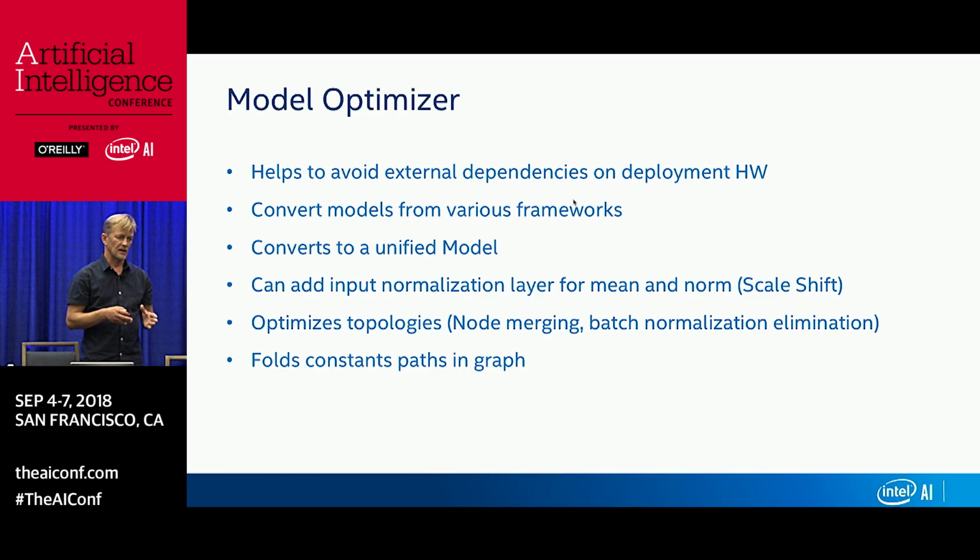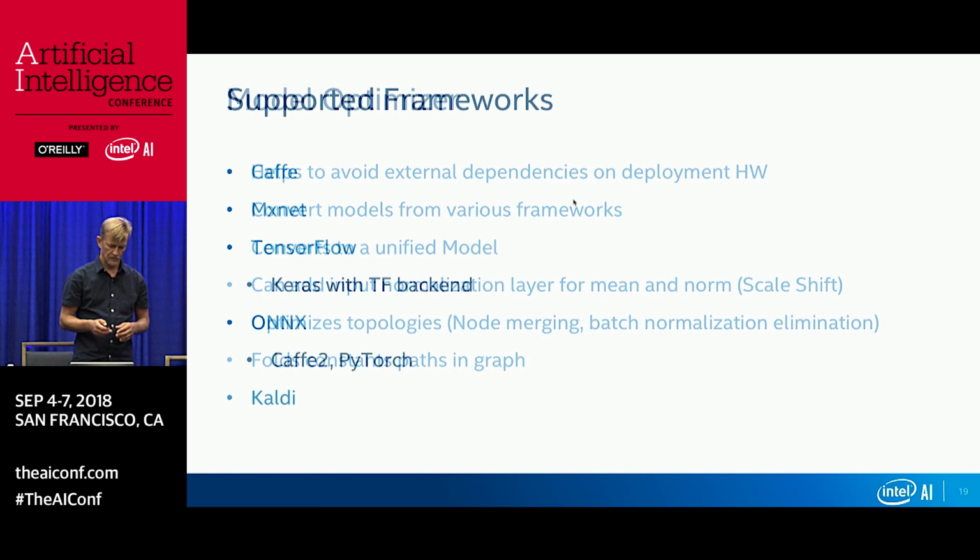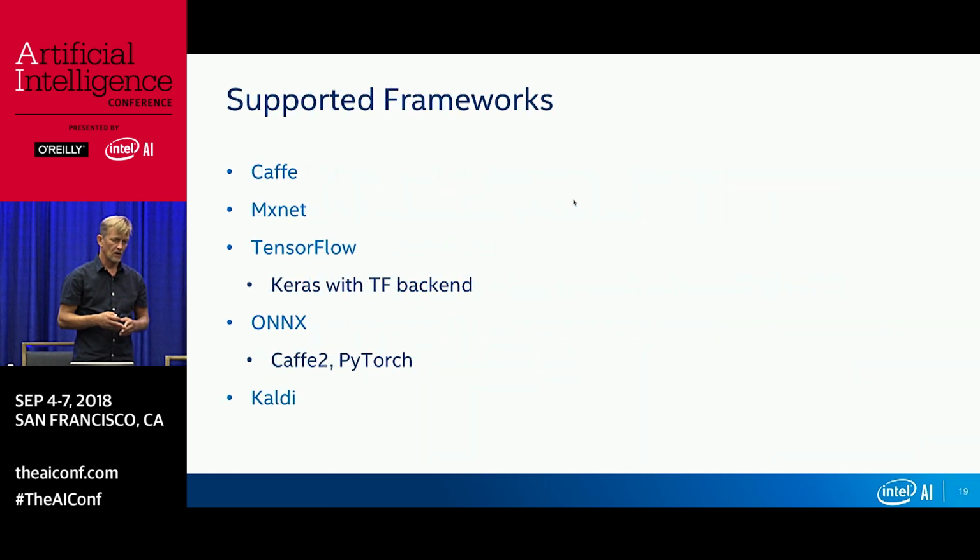If needed, it can integrate the mean and normalization right into the model. It's also doing some optimizations like node merging, batch normalization elimination, folding constant paths, and so on. Right now, for the current version, we have support for Caffe, MXNet, TensorFlow.